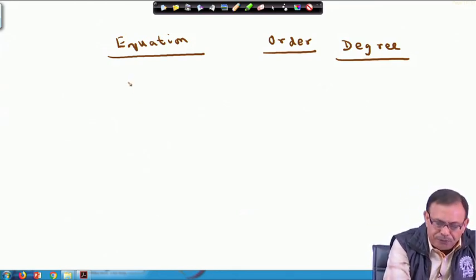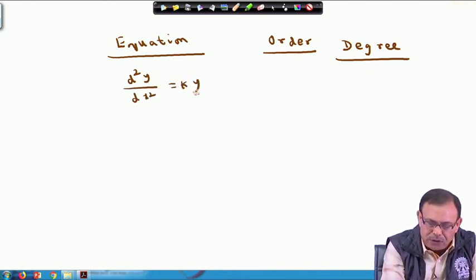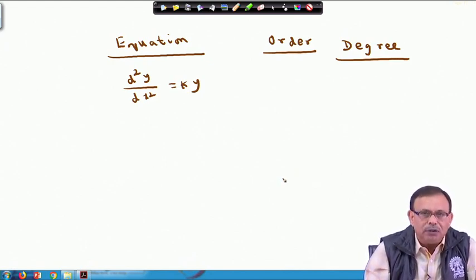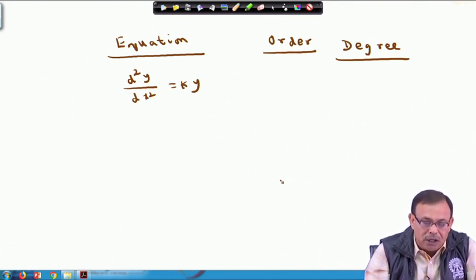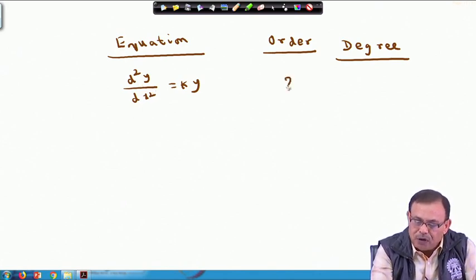So, suppose you have an equation d²y/dx² = ky. From the definition, what is the order? Order is the highest order derivative which appears in the equation. Here the highest order derivative is the second, that is d²y/dx².